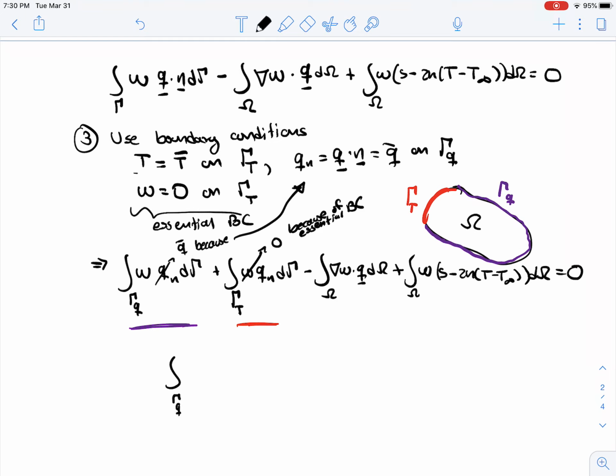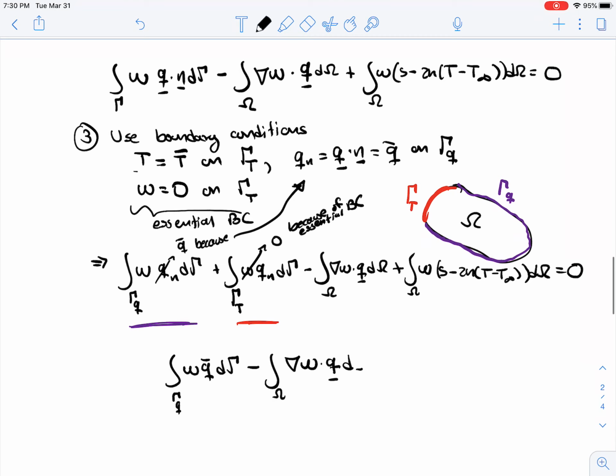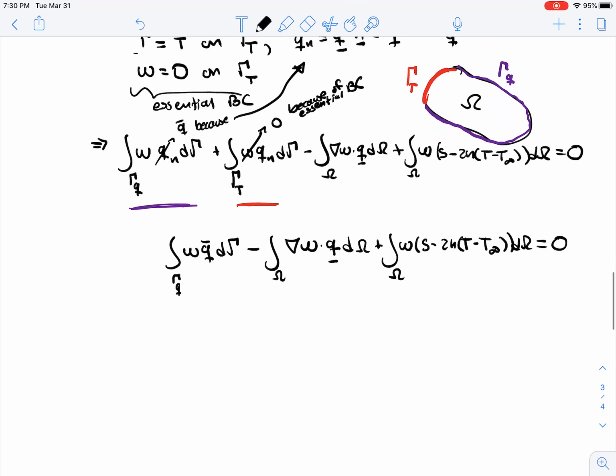So I'm going to end up with just the integral over the boundary that has a natural boundary condition times the value of the natural boundary condition, then nothing, then the integral of gradient of w times q plus the integral of w times s minus 2h (T minus T infinity) equals 0.